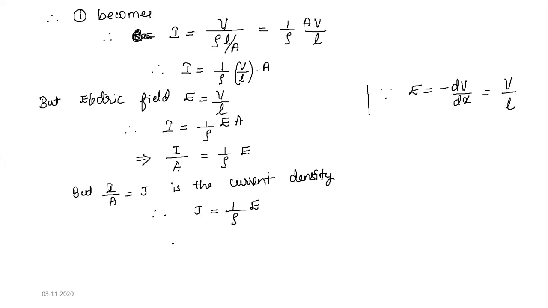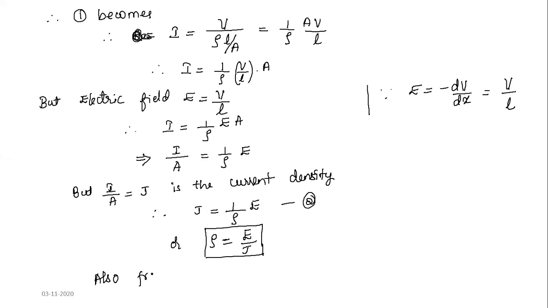If you need the relation between rho and E, rho is equal to E divided by J. So this is the relation between resistivity and the electric field. Rho is equal to E divided by J. You can call this equation number 2.